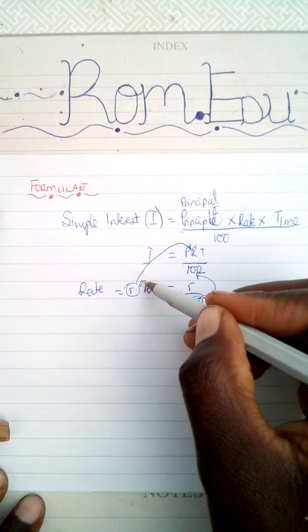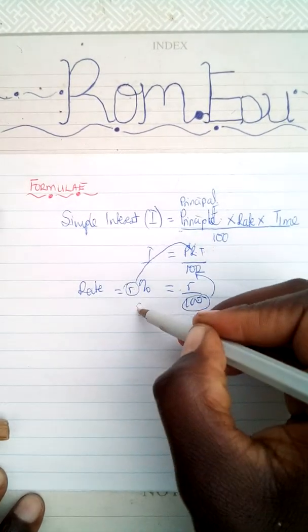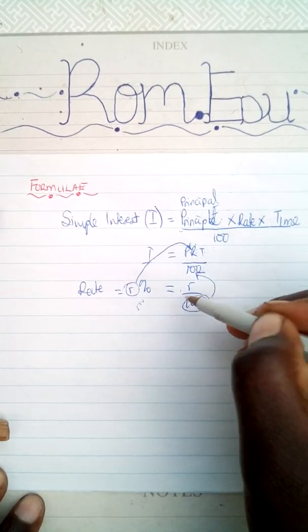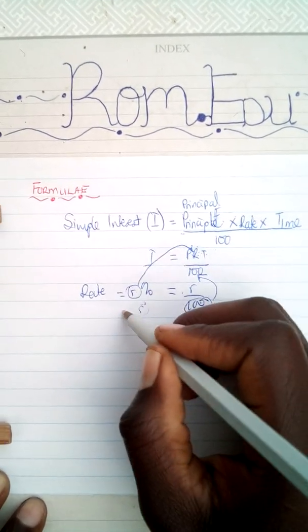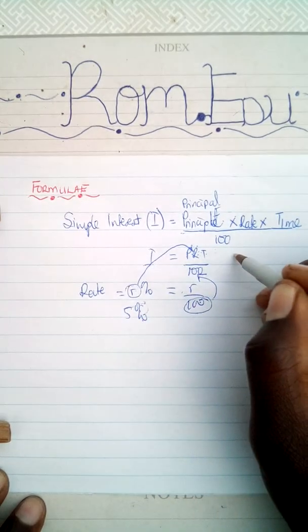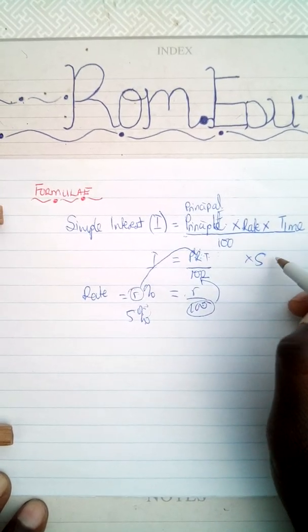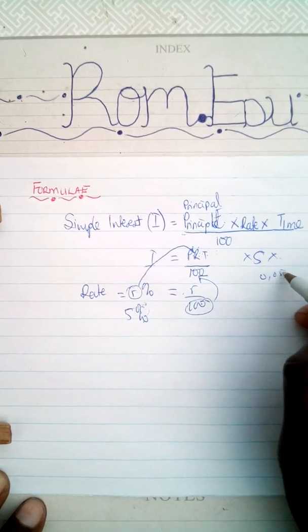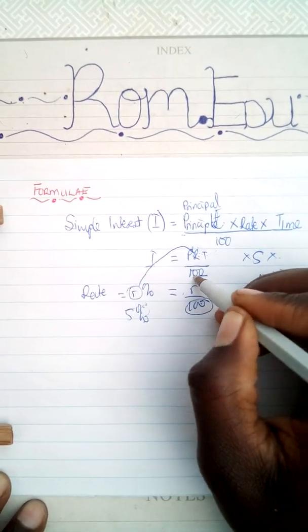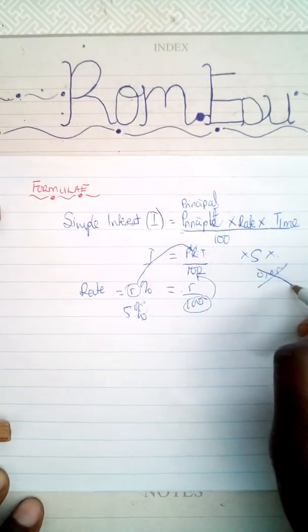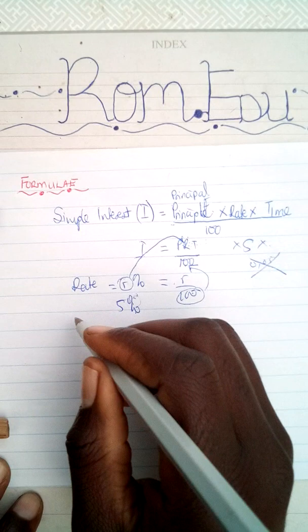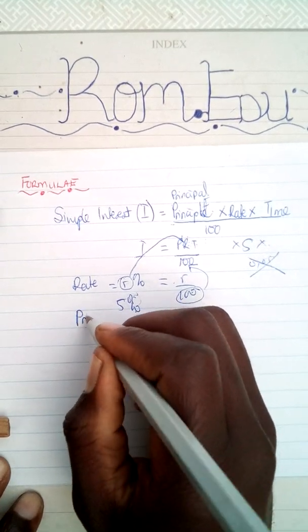Don't put the percentage sign, and when you're given 5%, don't put 5 over 100 or 0.05. Just put 5. Please don't put 0.05, because it's already converted to a percentage by the over 100 here.